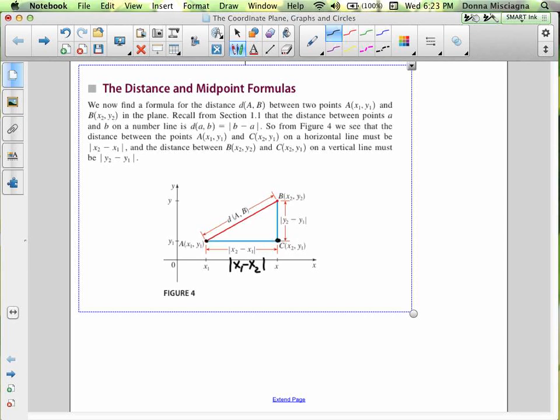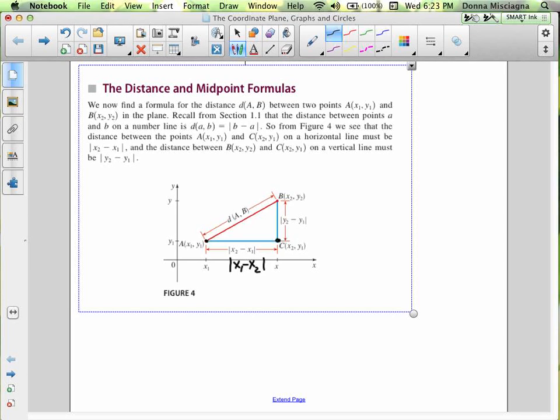Now if we look at the vertical distance, because there's both a horizontal and a vertical distance to get from point A to point B, we could represent that vertical distance as the distance between B and C. Notice here the x-coordinates aren't changing at all between B and C, just the y-coordinates.